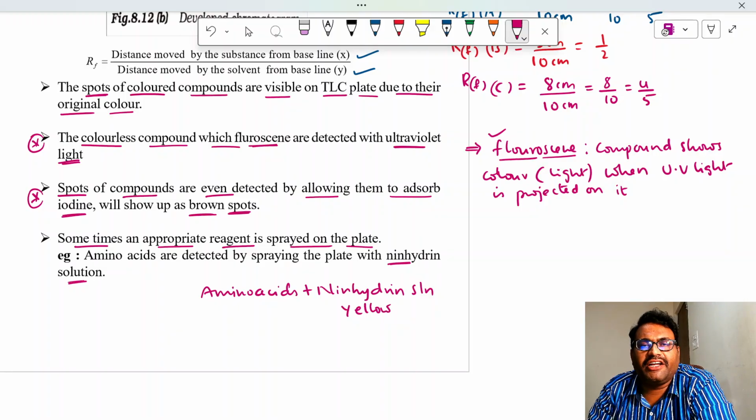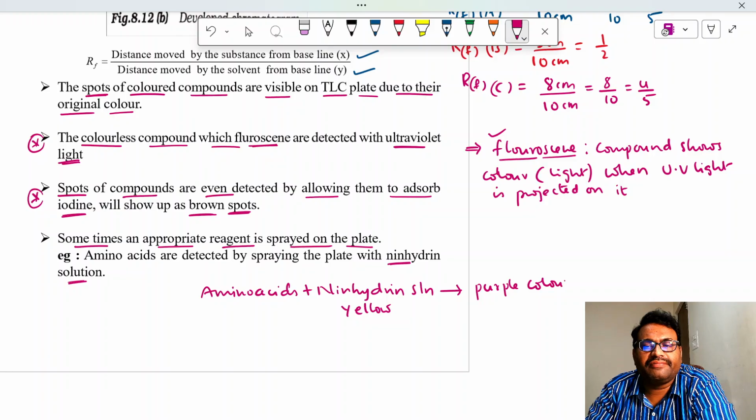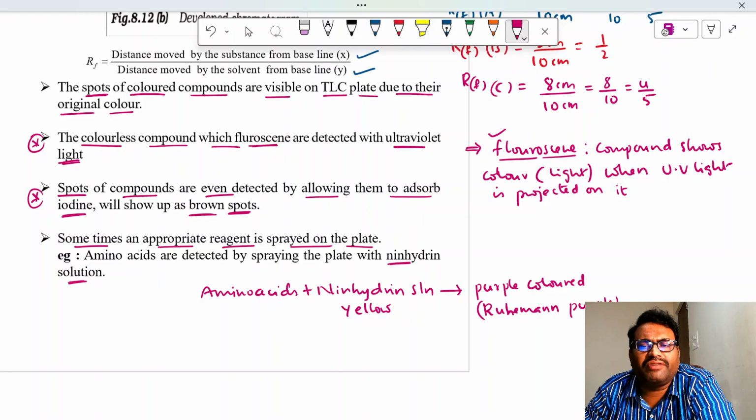When it is sprayed on the amino acids, it produces a purple colored compound. The amino acid turns purple. This compound is called Ruhemann's purple.